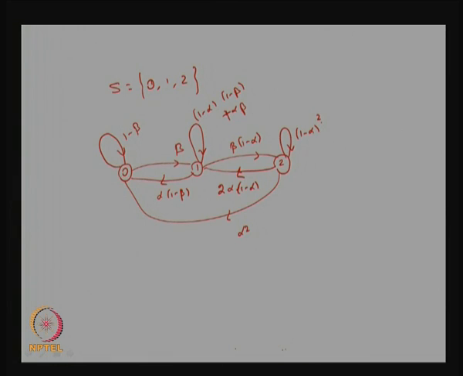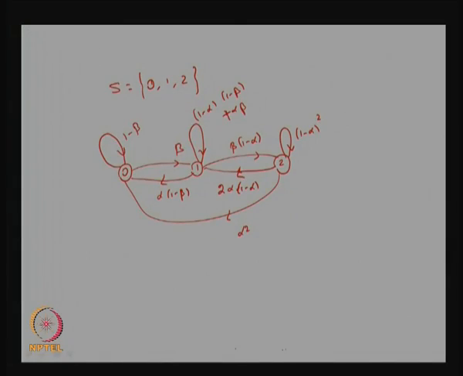So, the state transition diagram is a pictorial view of the one step transition probability matrix. This has nothing to do with the initial probability distribution. It gives only information, since the DTMC is time homogeneous, that if the system starts from one particular state, what is the probability that the system will move into the other states.